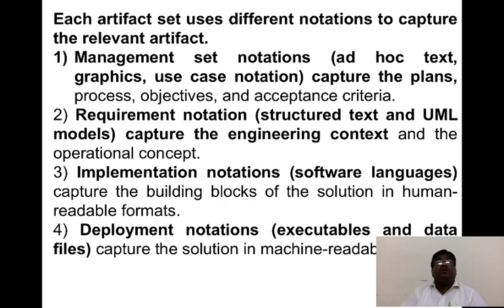Then requirement notation, structured text and UML models capture the engineering context and operational context. So, in order to build the requirements model of the project, we need to use UML software, UML diagrams to explain each and every requirement.